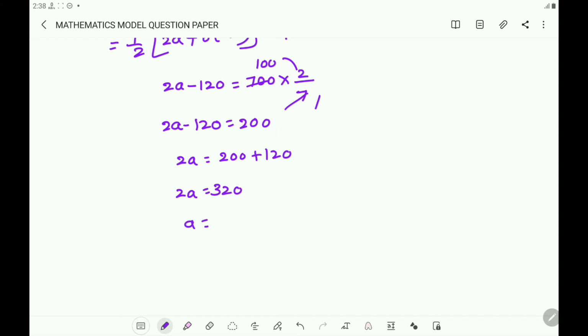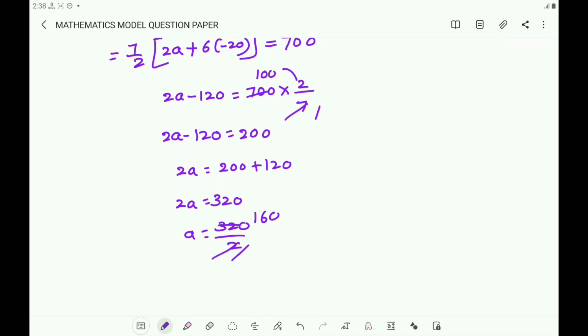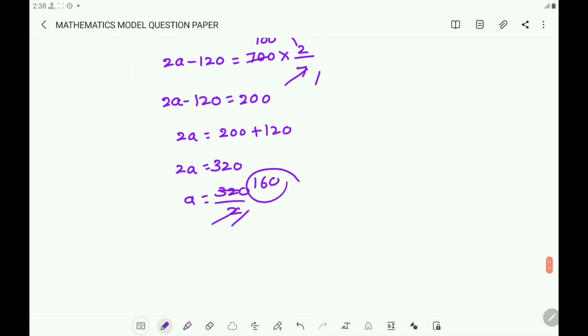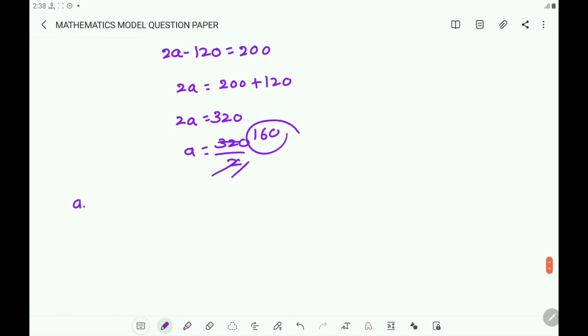Then a equals 320 by 2. 2 1s are 2, 2 16s are 32, 2 160s are 320. So a you got. So the first prize is 160. So A1 equals a, that is the first prize, 160 rupees.